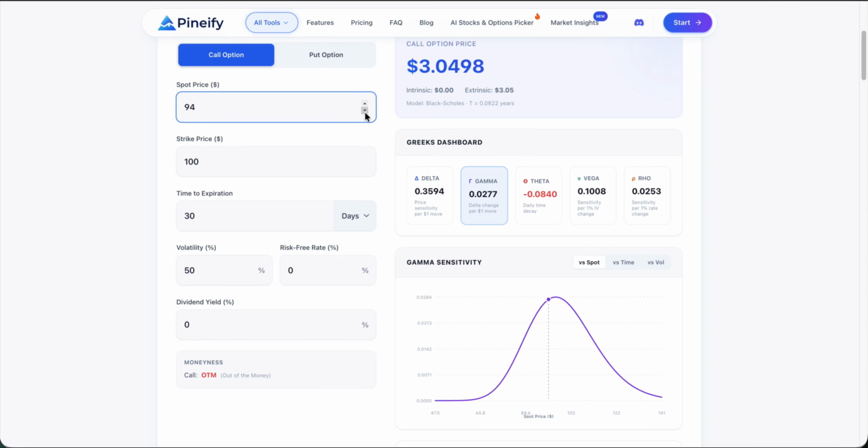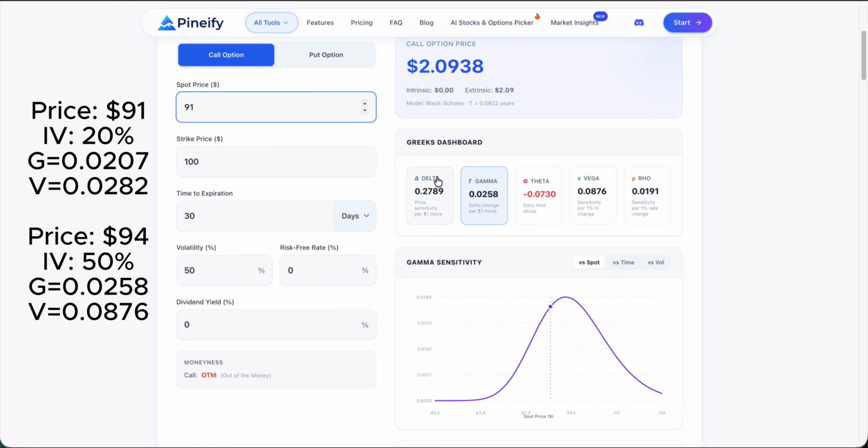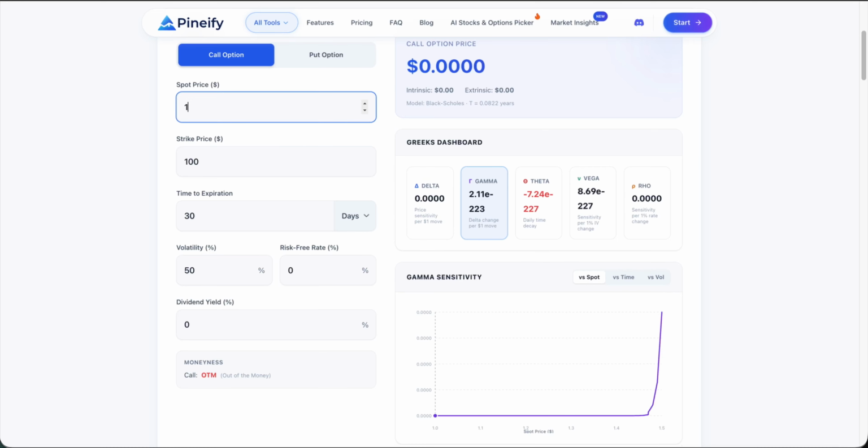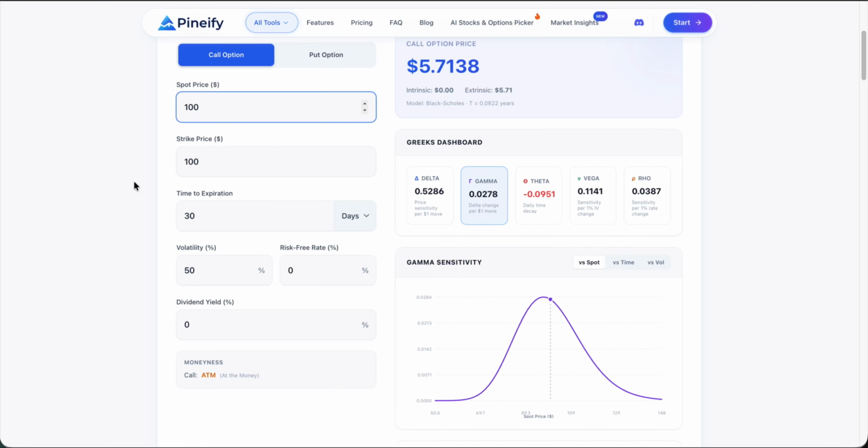And now, as we move towards out of the money, the gamma hardly moved, while the Vega continues to go down, but slightly so. And then as we go further out of the money, there is still some Vega and there is still some gamma.